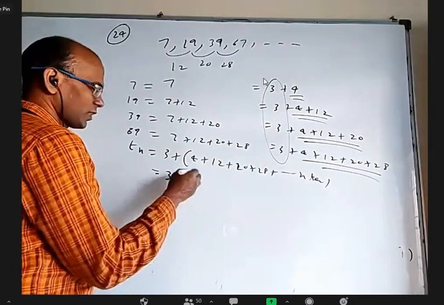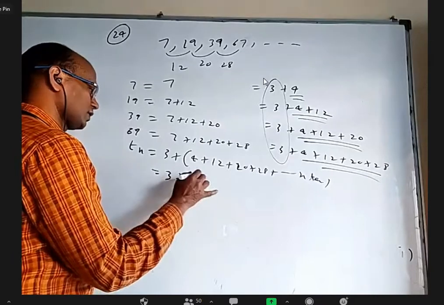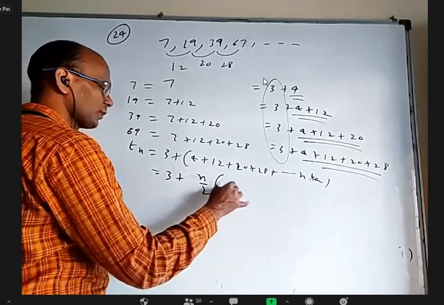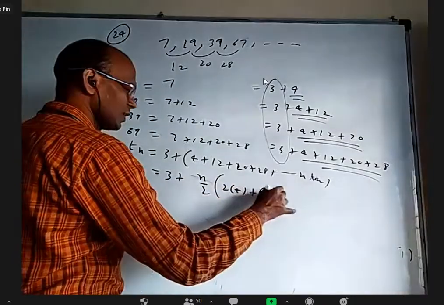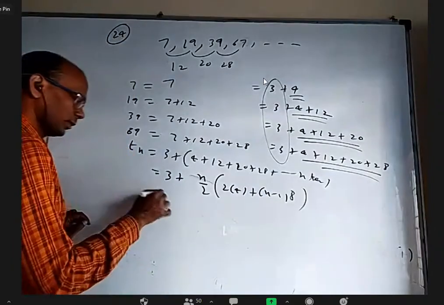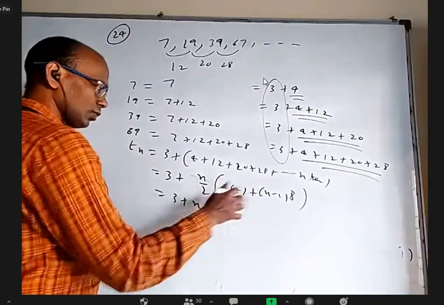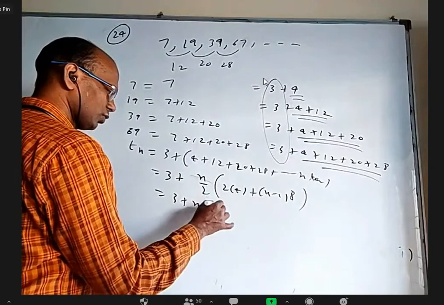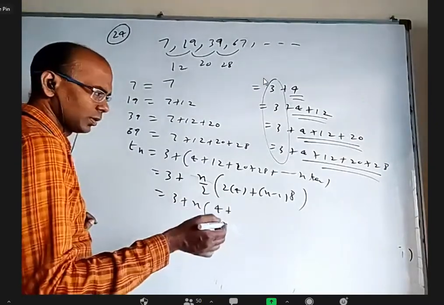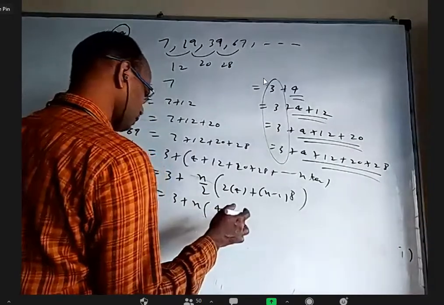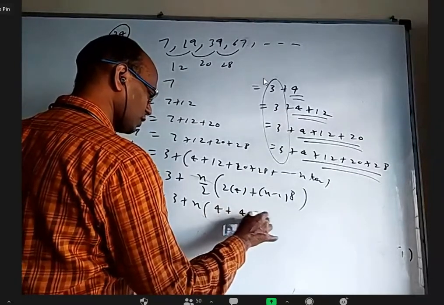This is an AP with first term 4, so common difference is 8: n by 2 into (2 times 4 plus (n minus 1) into common difference 8). 2 cancels, I'll get 4 plus, when I divide with 2, 4 and minus 4.